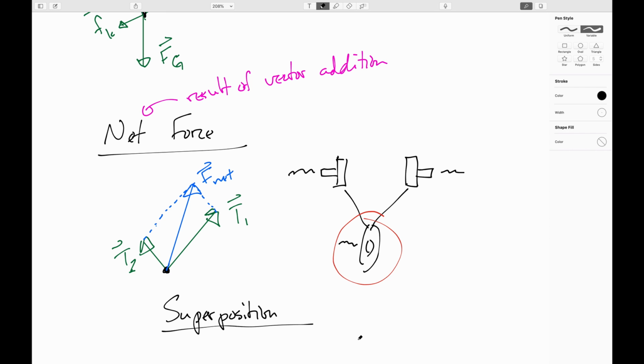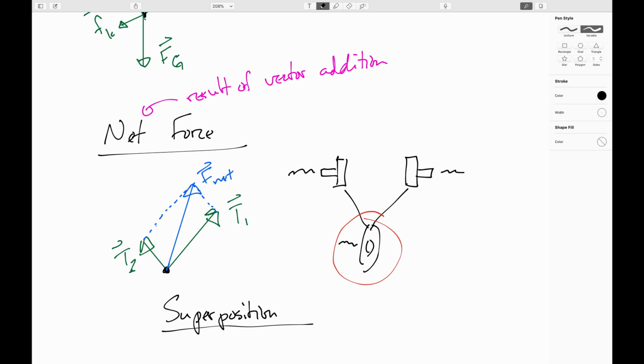So even though the net force isn't an actual real force of nature or anything like that, it turns out that the combined influence of these two is just simply the sum of the two. Nature doesn't have to work that way. It's an open question, but we are very, very glad that it does.